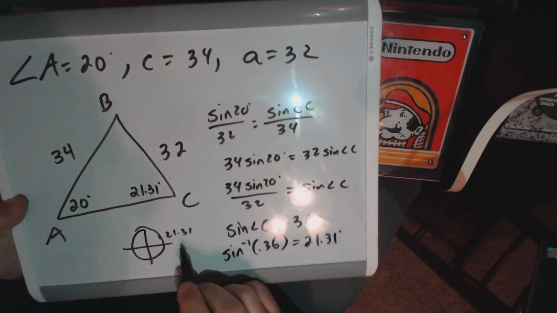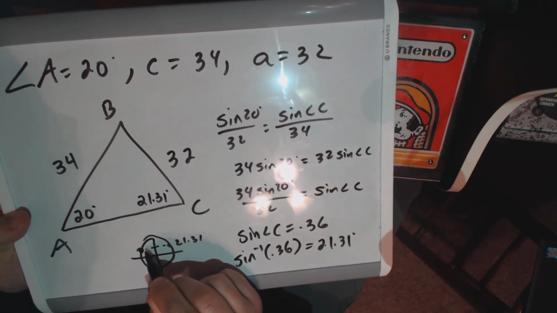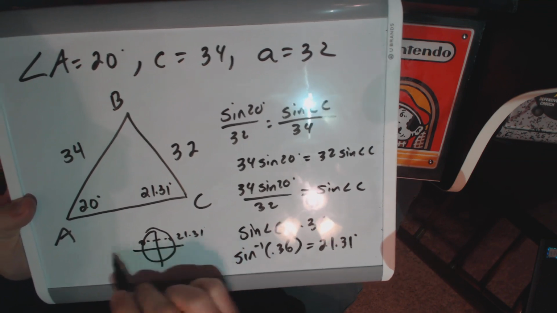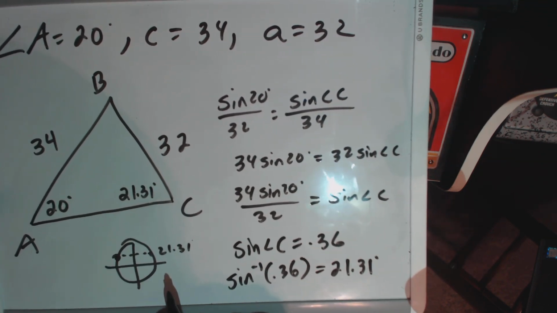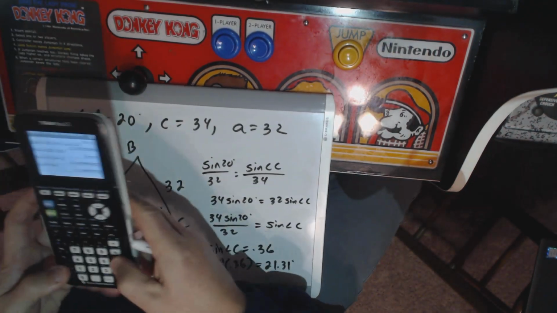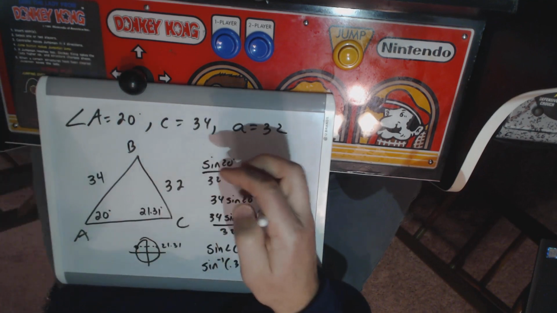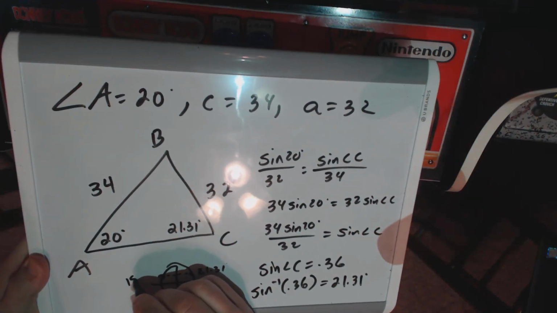is right here. There's another one over here, supplemental to that. They're always going to be supplemental when you do this, okay? There's another one over here that has the same sine as 21.31, okay? So if you want to know what that one is, you take 180 minus that, and I'm getting 158.69, okay? Now hear me out.